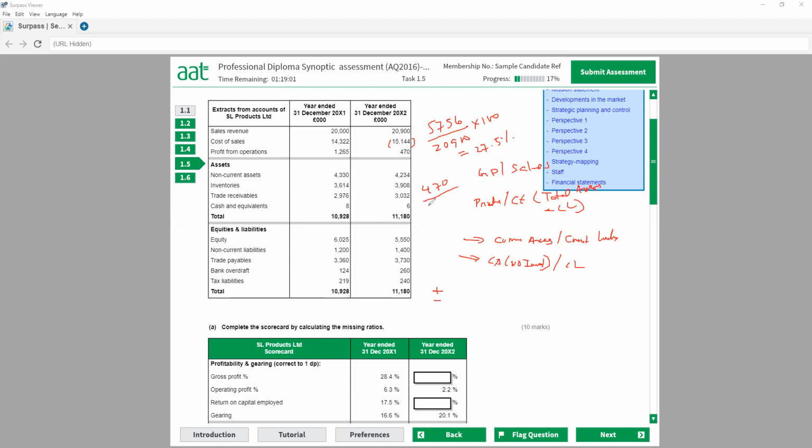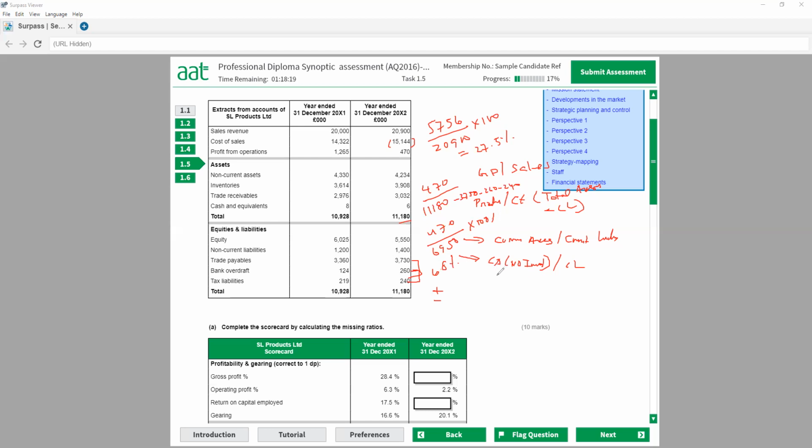My total asset is 11,180, and minus the current liability, 3730 minus 260 minus 240. So 470 over 6950 times 100% gives me 6.76, so I can say 6.8%.